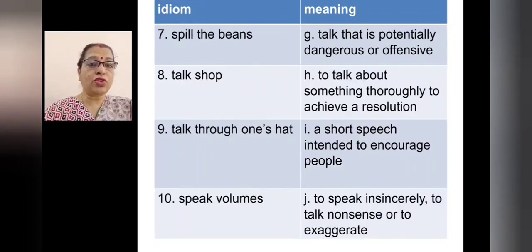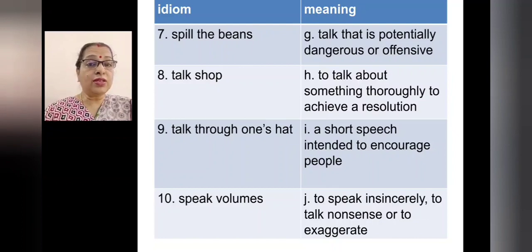Spill the beans, talk shop, talk through one's hat, speak volumes. Right hand side: talk that is potentially dangerous or offensive; to talk about something thoroughly to achieve a resolution; a short speech intended to encourage people; to speak insincerely, to talk nonsense or to exaggerate.